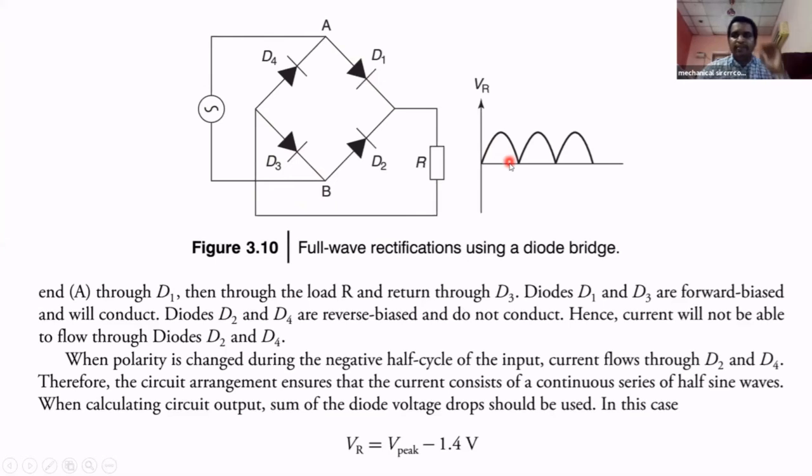You know in AC current, in the second half cycle, the second 180 degrees, it changes direction. Now the current is in this direction. In the first cycle we collected the current through diodes D1 and D3 via the resistor.